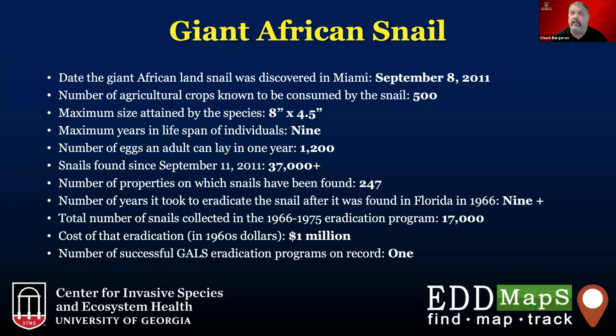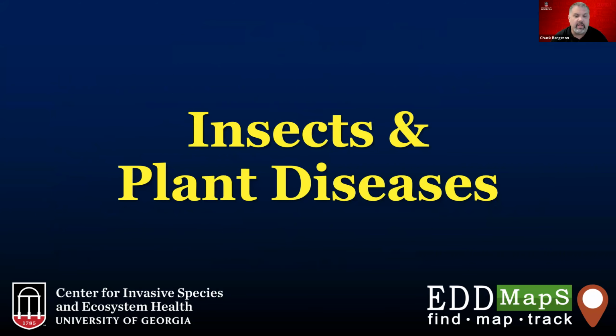This one was eradicated from Miami in the 60s, and then showed back up around 2011, and they've been working on this population since then, and continue to mark different zones as eradicated. Okay, so moving on to some of the things that really can affect trees in our urban forest.